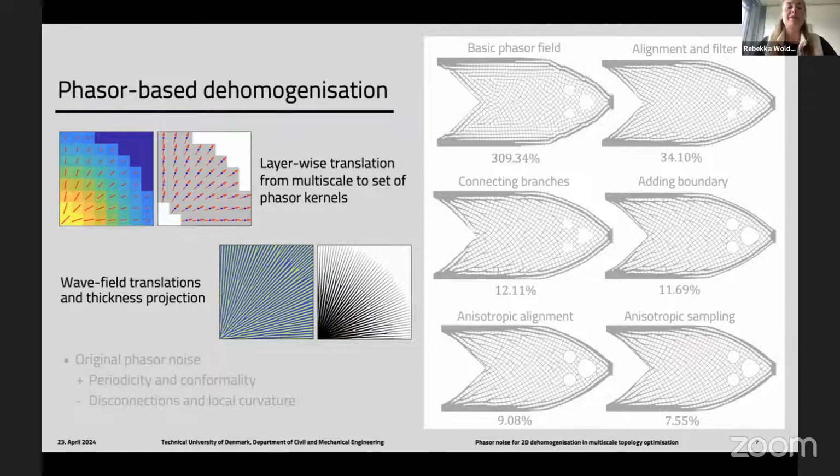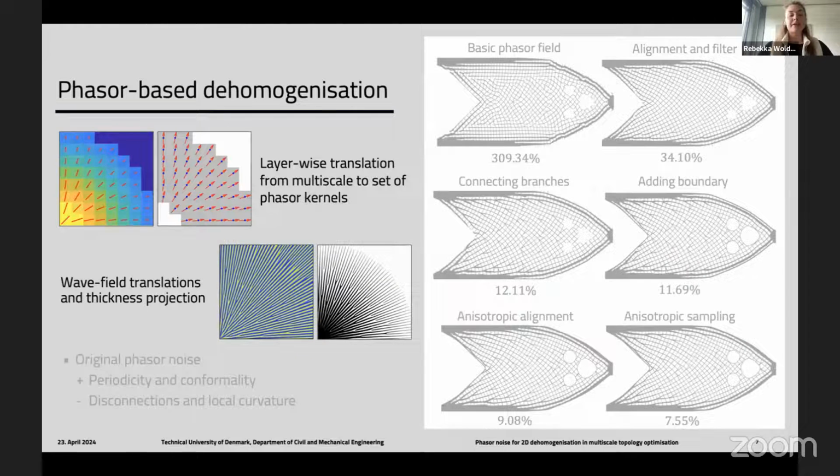So for the Phasor-based de-homogenization, the underlying conceptual idea is that consider these rank n laminates in a layer-wise fashion, where each element in the multiscale optimized solution is directly translated to a set of Phasor kernels.